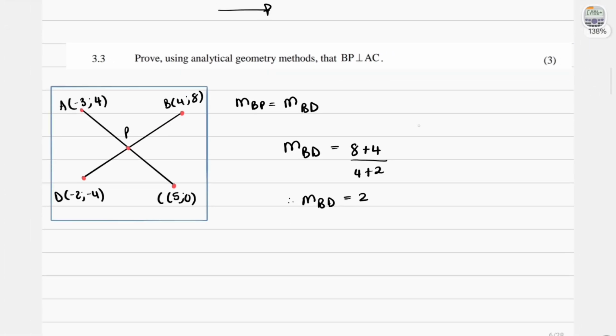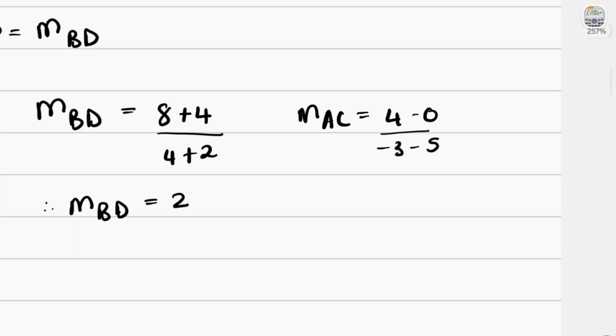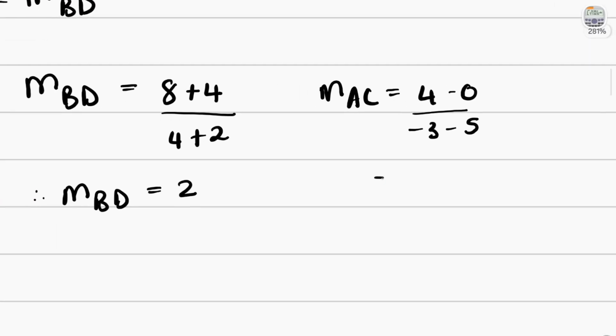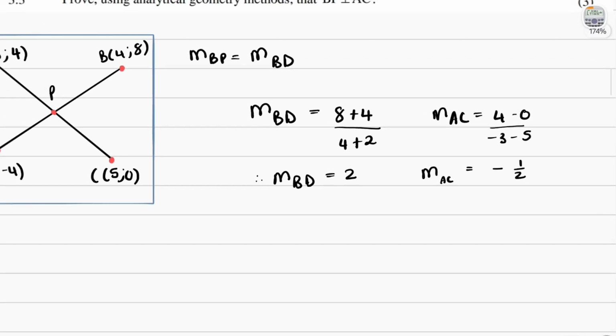And now just find the gradient of AC. So the gradient of AC would be found by saying y2 minus y1, so just say 4 minus 0 over -3 minus 5. And so that is 4 over -8. So the gradient of AC is equal to -1 over 2. Okay, and then just show them.